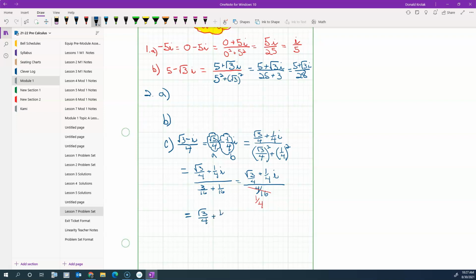So what this becomes is the top of this times 4 over 1. Dividing by 1/4 is the same as multiplying by 4 over 1.